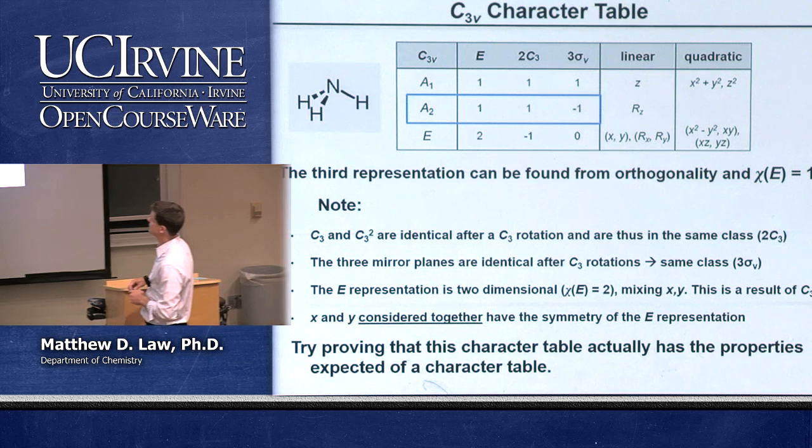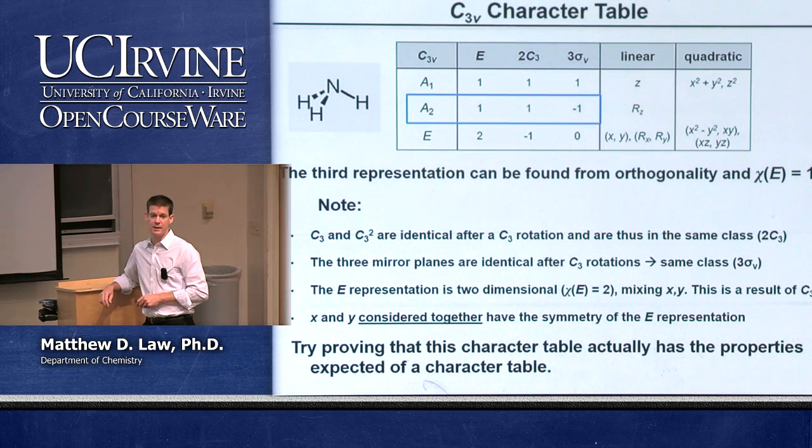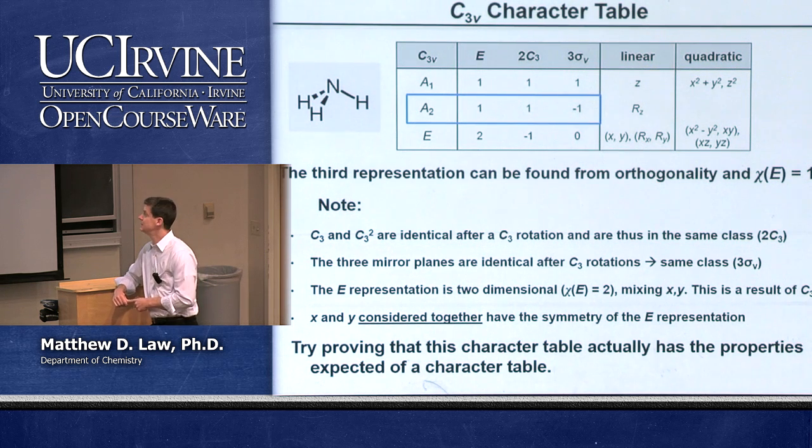So there's no sense in thinking of them as just X or Y, but you think of them as X and Y together, or Rx and Ry together. Rotations around those two axes at the same time give us an E symmetry. When they're not in parentheses like this, this indicates that it's either the X squared plus Y squared or the Z squared. It's not linked together in the sense of having a 2x2 or 3x3 matrix.